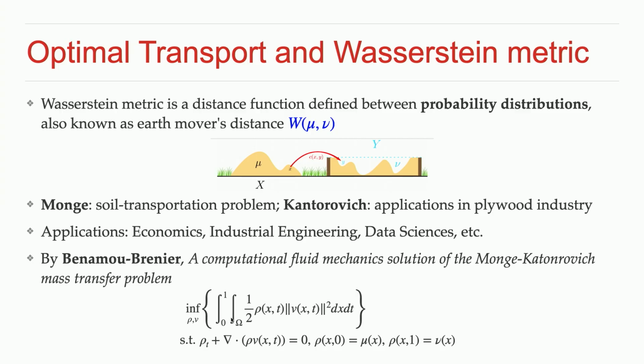So this formulation gives us this very nice PDE constrained optimization problem, where the objective function is basically in the Wasserstein 2 metric. We're talking about the kinetic energy we use to move the mass, and the constraint over here is a Fokker-Planck equation with boundary conditions rho 0 and rho at terminal time given as the target distributions.